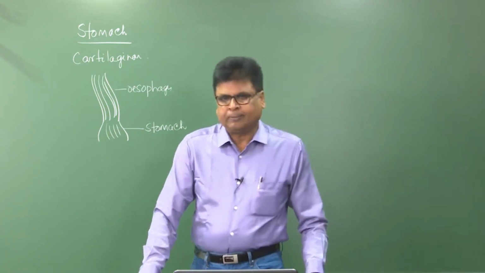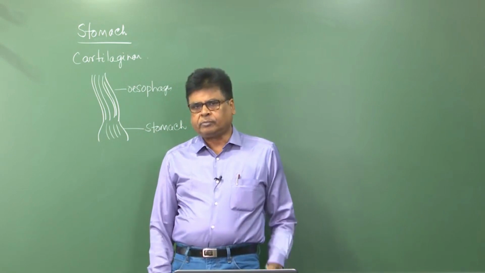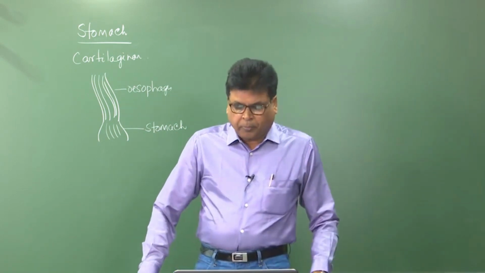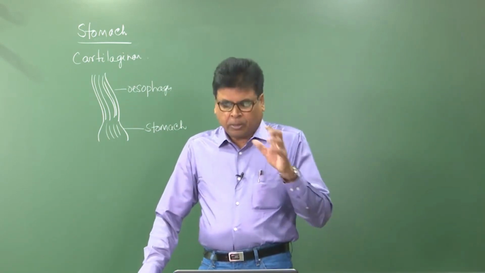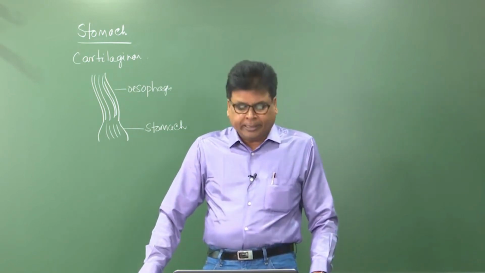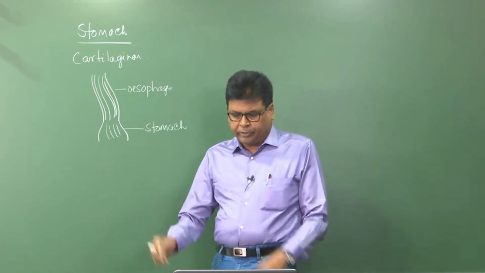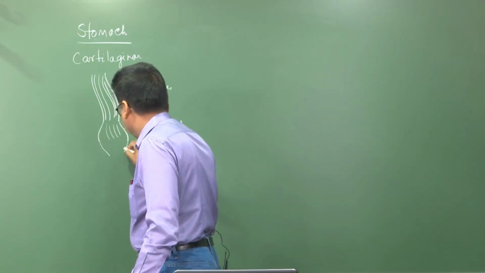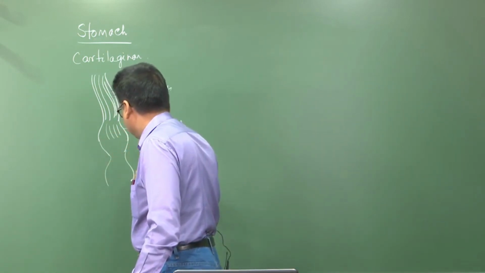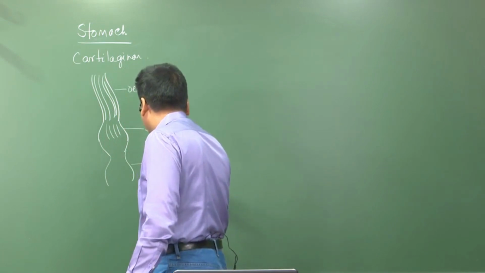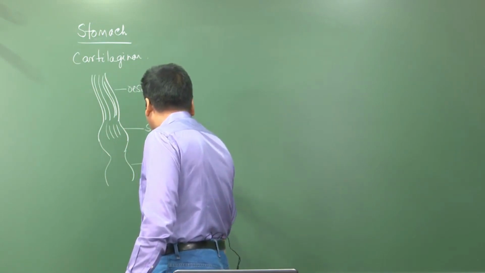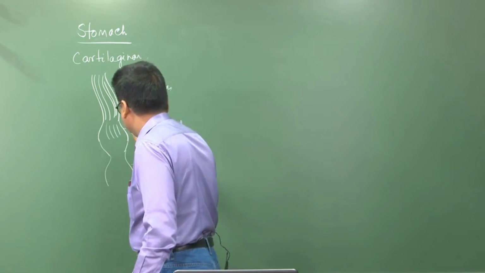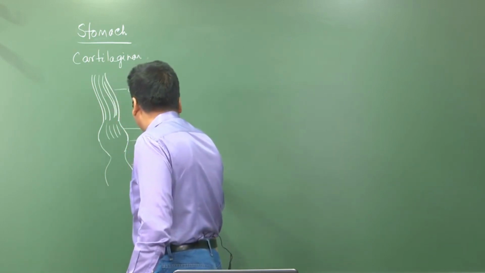And the second point, a circular band of muscles forms at the cardiac region that separates the cardiac from the pyloric part of the stomach. For example, this is the cardiac part, and this is the pyloric part. We know two parts are there, this is the pyloric part of the stomach, and this is the cardiac part of the stomach.